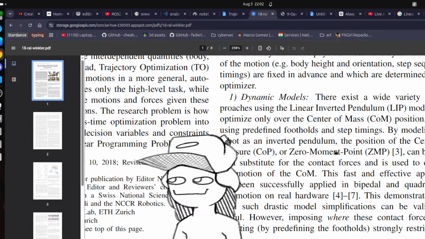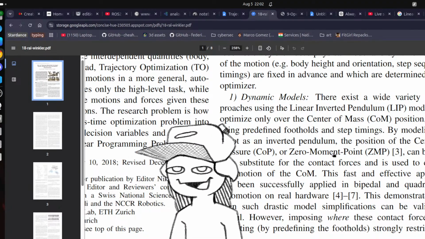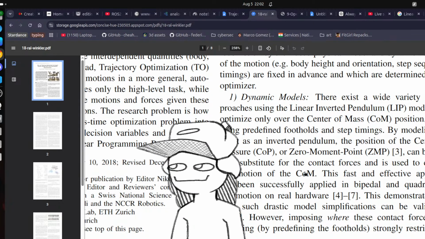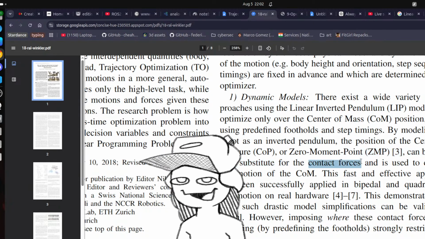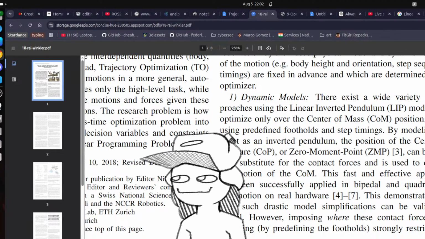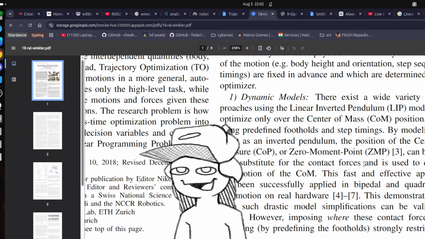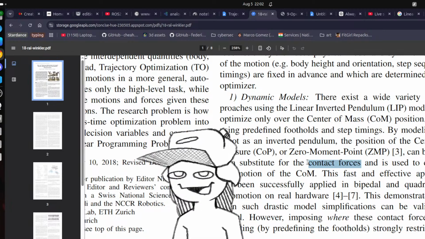Using the inverted pendulum model, we can use the center of mass as a parameter, which in turn depends on the robot legs, which in turn depend on the contact forces, rather than directly using the contact forces, which would lead to like a million other parameters.